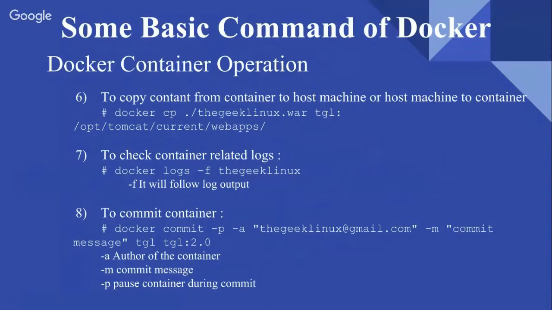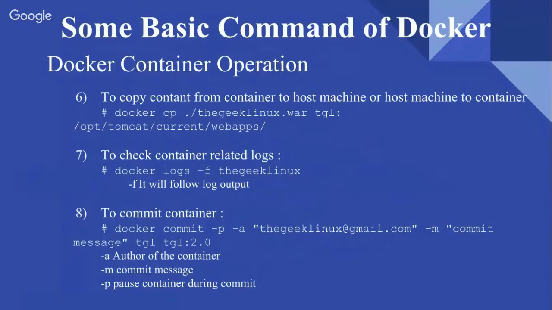linux, and to commit the container. Like I have one container with bash tomcat, and then I want to install a war file into the container. Then I want to commit that container so that I can use this container in the future with the war file.